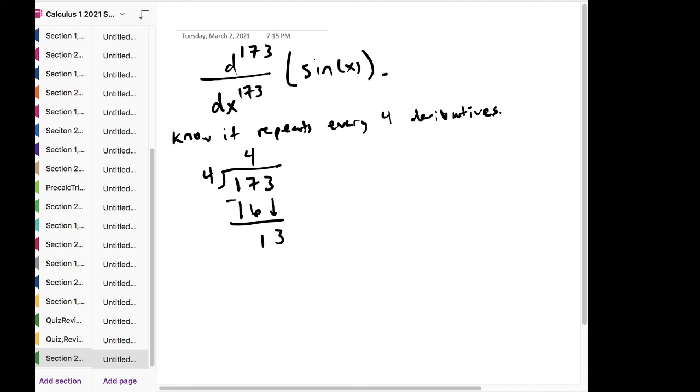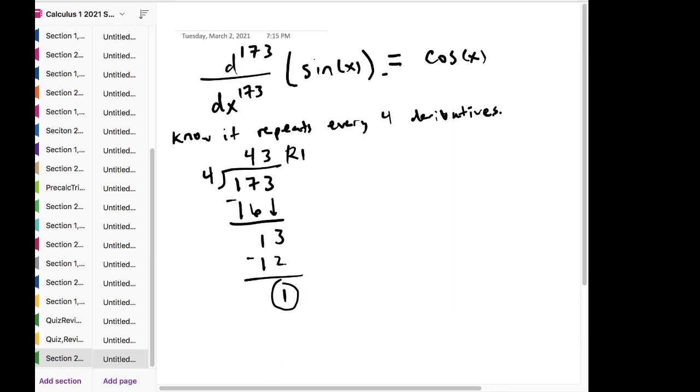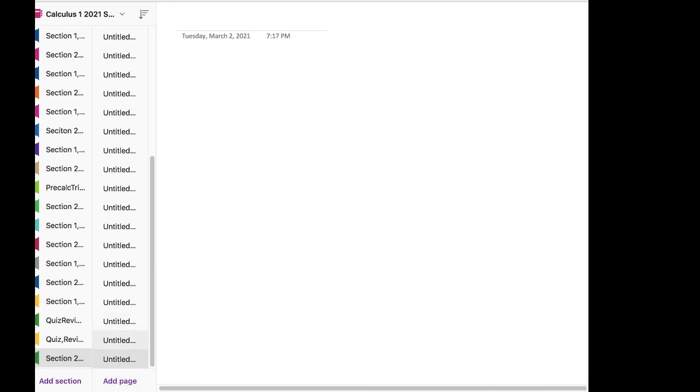How many times does 4 go into 13? Is that 3 times? So I have remainder 1. So that means the derivative is also cosine. That makes sense? So this one was cosine. Okay, questions about that?